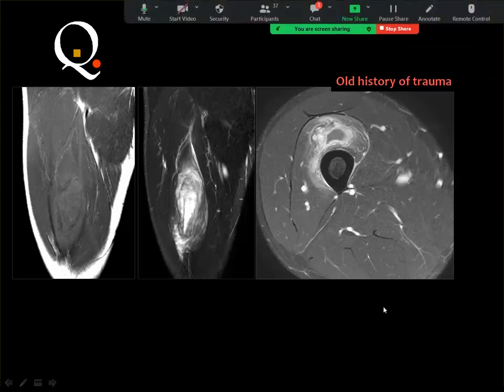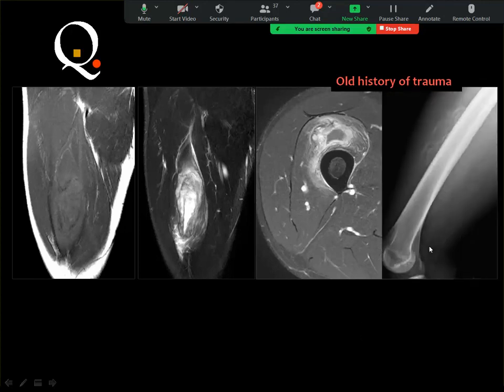But the diagnosis of myositis ossificans without the presence of the plain film is very, very difficult. And you may mistake this for tumor or even an abscess with surrounding soft tissue edema.